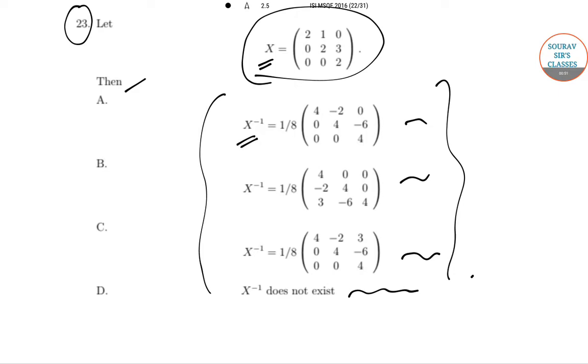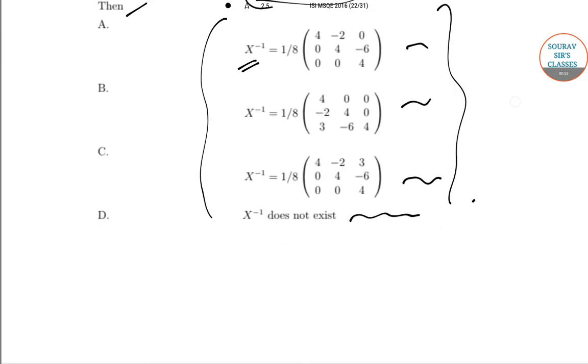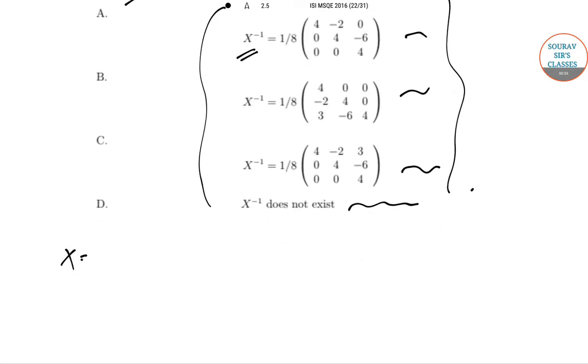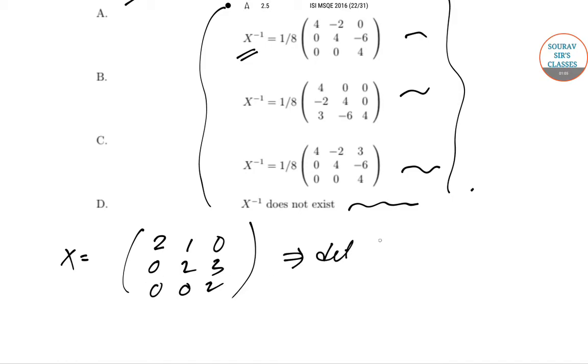This can be done fairly easily. We have already been given that X is equal to 210, 023 and 002. This implies that the determinant of the matrix X is given by 2 into 2 into 2, that is equal to 8.